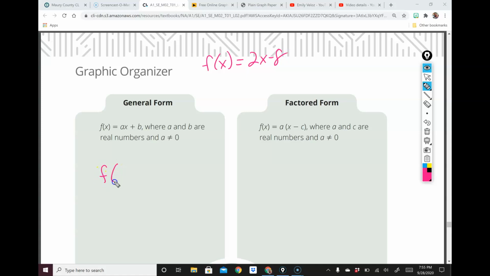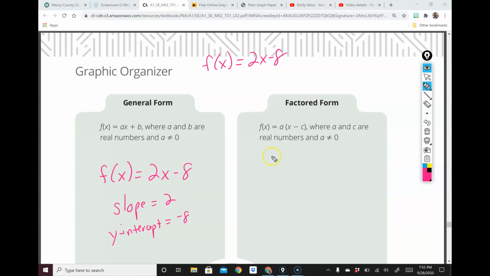That's actually the general form, so that's going to go here. Your slope is 2, and your y-intercept is negative 8.